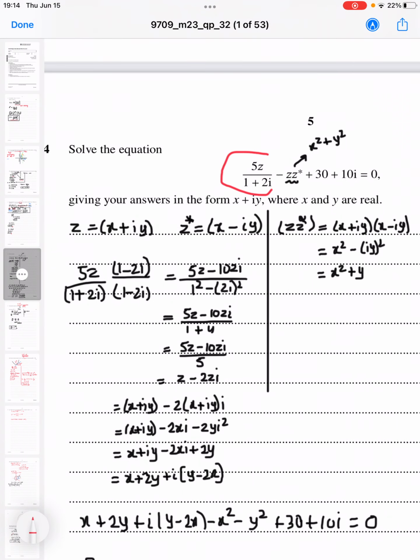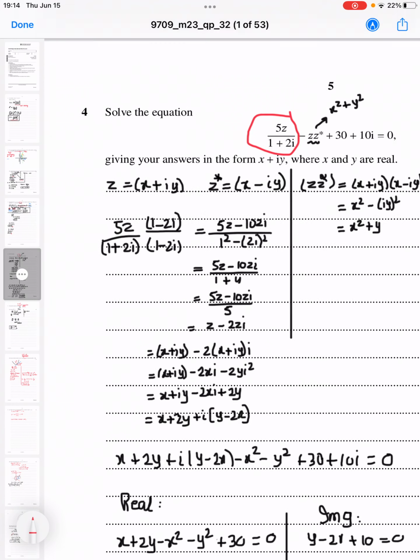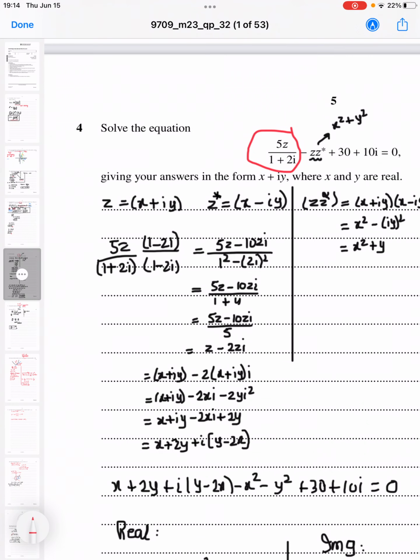So we could first simplify this expression 5z over 1 plus 2i by rationalizing it, with 1 minus 2i in the numerator and the denominator. So that would make up z minus 2zi. And then we can plug in the values of x plus iy, which would give us this expression in terms of x and y.